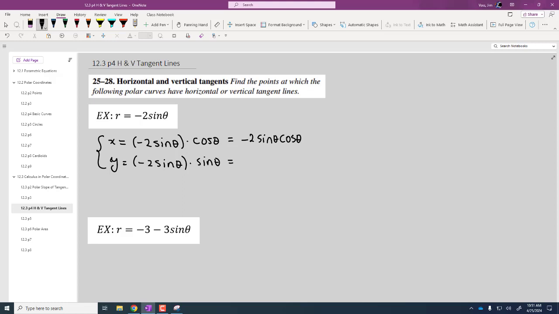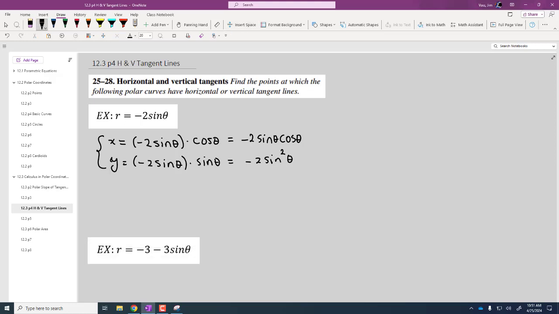And this one's going to be minus 2 sine squared. So we've converted our polar curve into a parametric form. And now we can find dy dx. And we want dy dx because that's how we find the slope of the tangent line. So let's find the derivative of each of these.